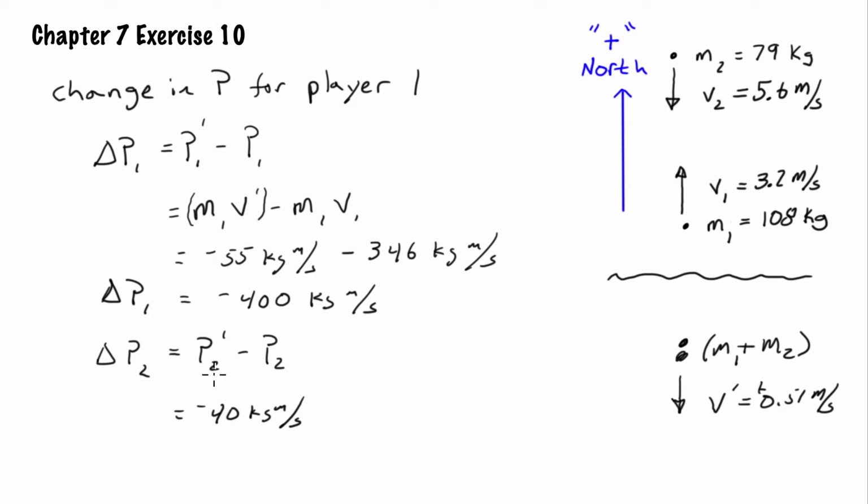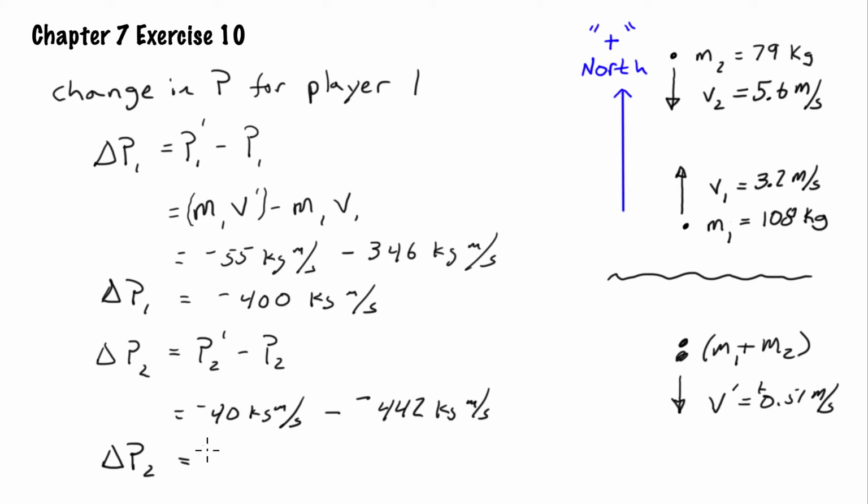That's what you get if you take the mass of player 2, 79 kilograms, and multiply it by player 2's velocity after they're stuck together. That's 0.51 meters per second, but it's directed to the south, so you've got to make it minus. And then you've got to do minus, but the momentum of player 2 initially was itself to the south, so you have to include that minus sign. So minus 442 kilogram meter per second. So what's the change in momentum of player 2?